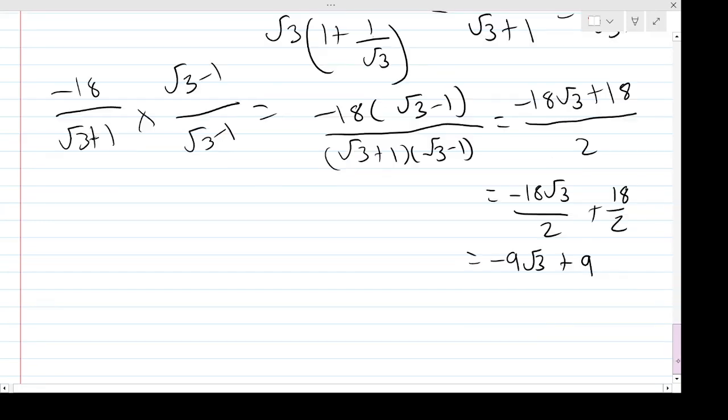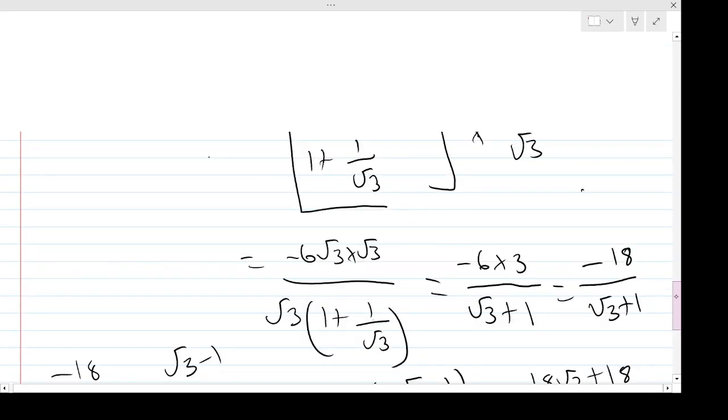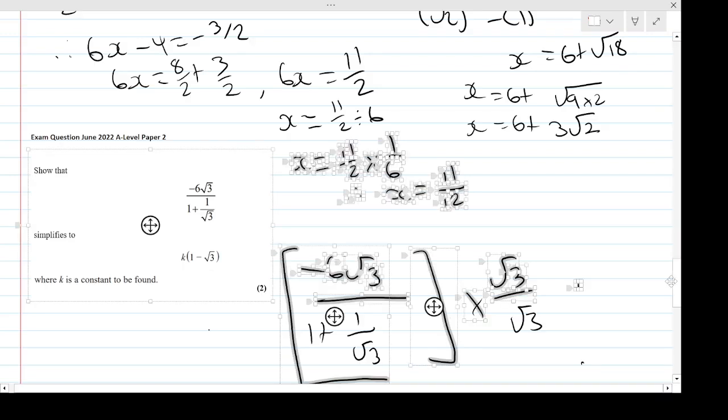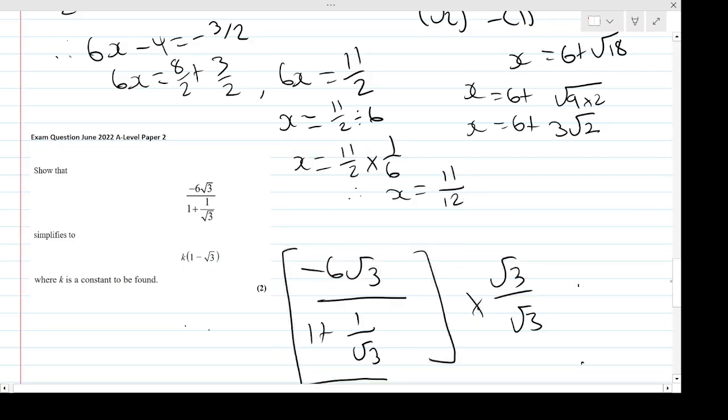Then what do I notice here? I can factorize it out. I notice 9 is common. So I can say 9, and that's going to be minus root 3 plus 1. Then let's compare the answer. It says in the form k. Remember, k is just a placeholder for a number we need to find.